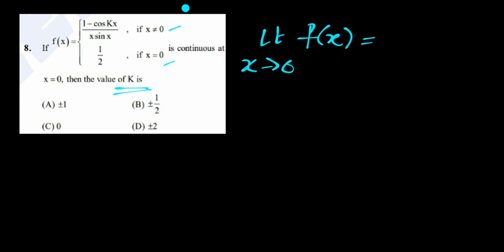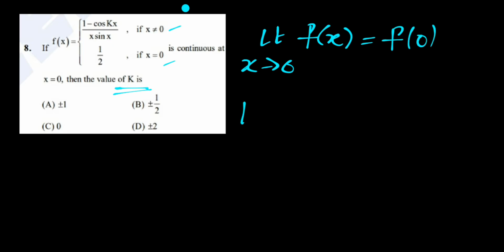Next problem. If f of x is equal to the two conditions, x not equal to 0 and x equal to 0, is continuous at x is equal to 0, find the k value. Continuous means we have to write the condition limit x tends to 0, f of x is equal to f of 0.